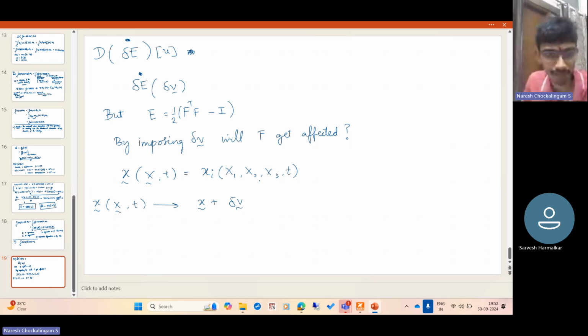So what it means is that when I impose this velocity field, what happens to the deformation?